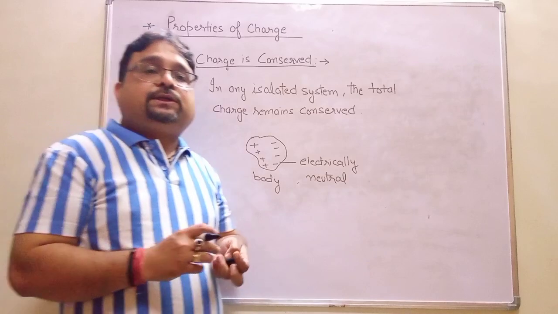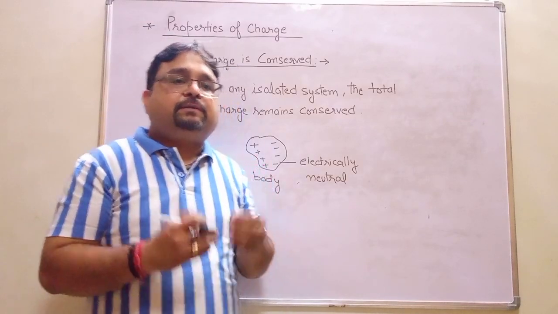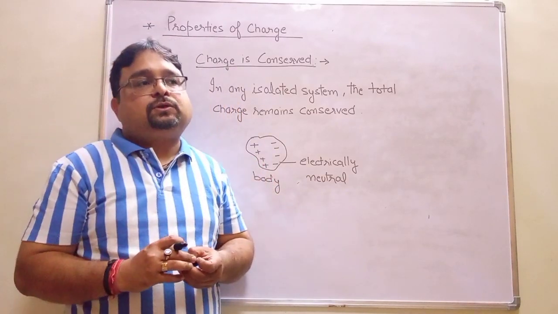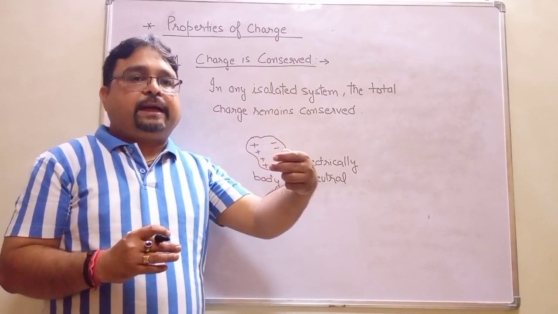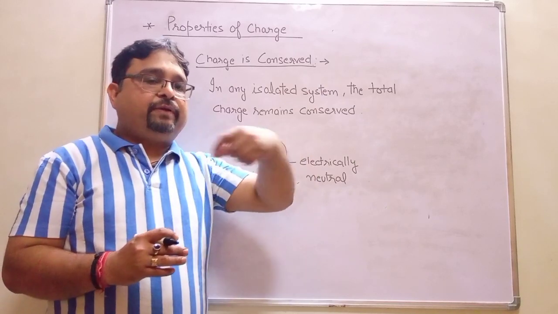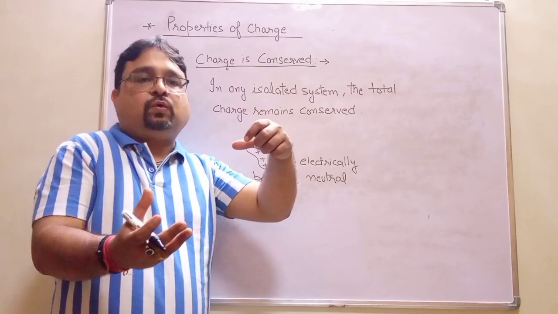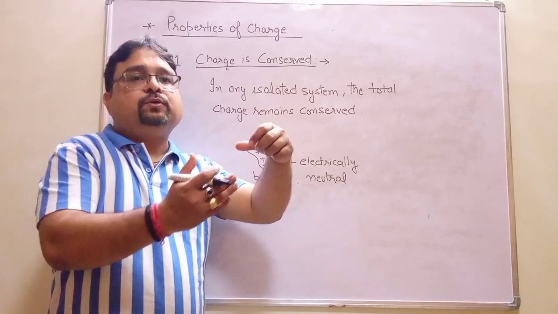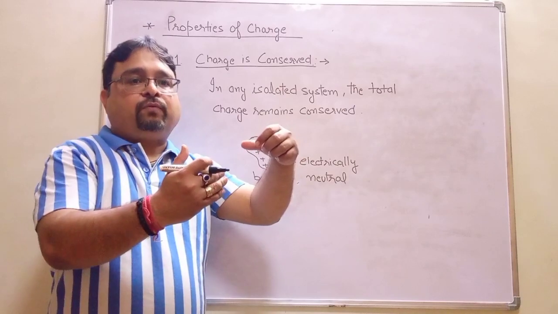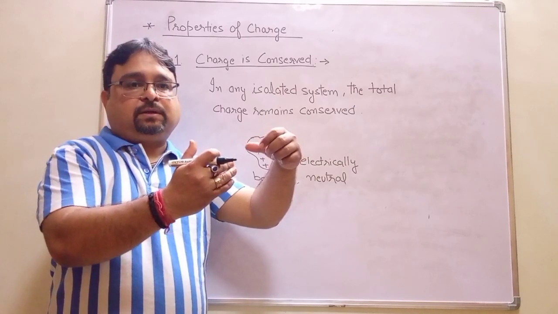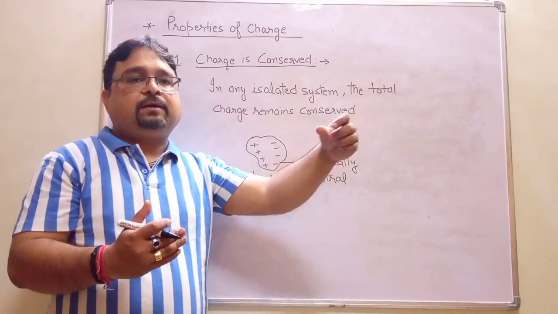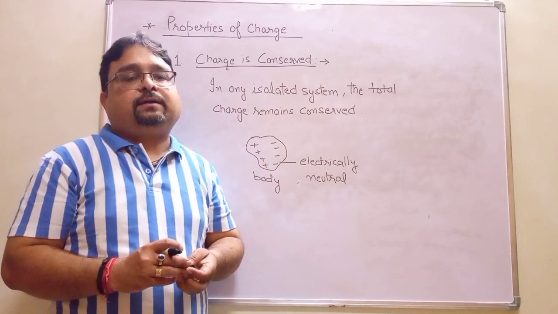Then there is a question which you might ask: how does current flow? If there is an electrical wire, and it is connected with an external battery or some external source which can force the charge through the wire, then current is produced in the wire.